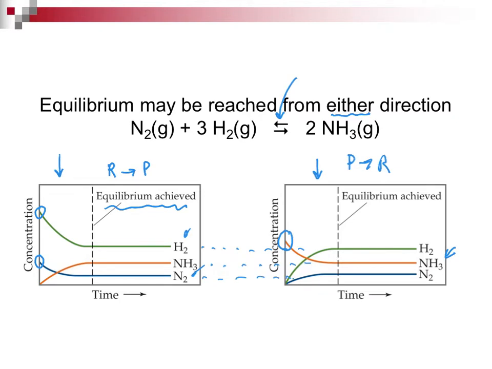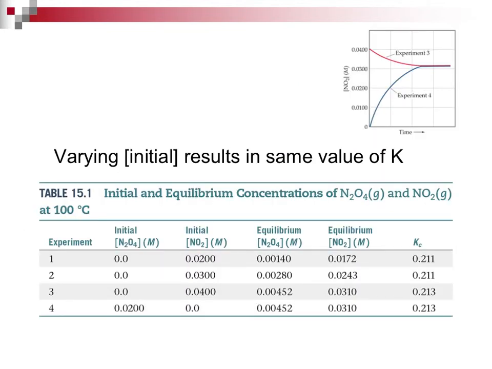Yes, all of this is conceptual. Please try to say, I guess I'll have to believe it, okay? The other thing is you can change the initial concentrations, and you're always going to get the same value of K. So what are they showing in this table? Well, they ran a series of experiments. They used different initial concentrations, okay? Here we have the N2O4, the NO2. You can see in one case they made it 0 here.